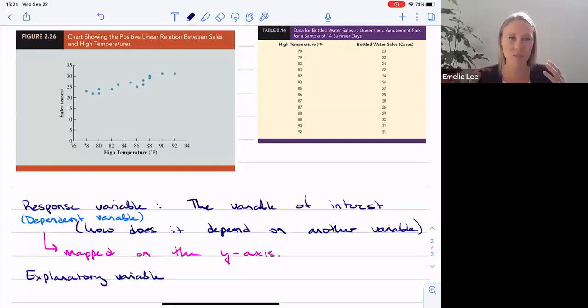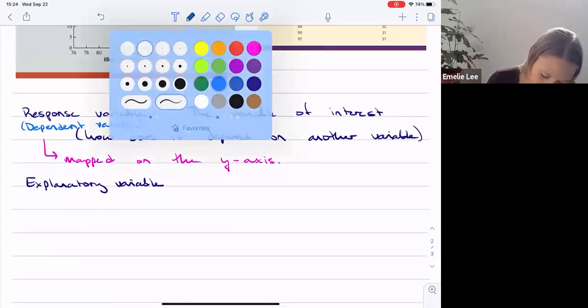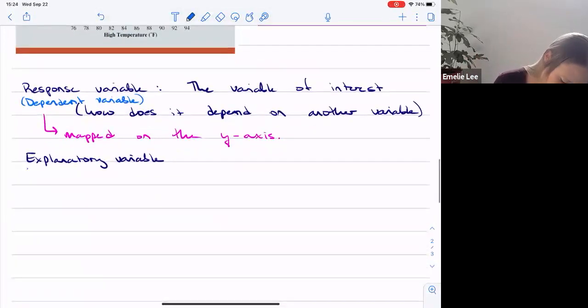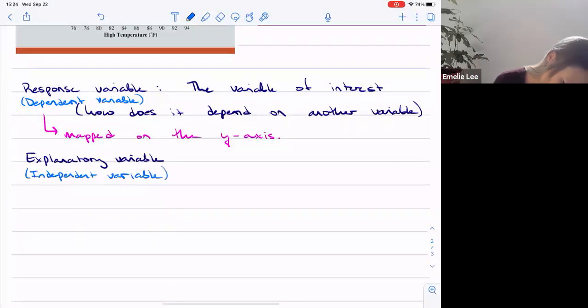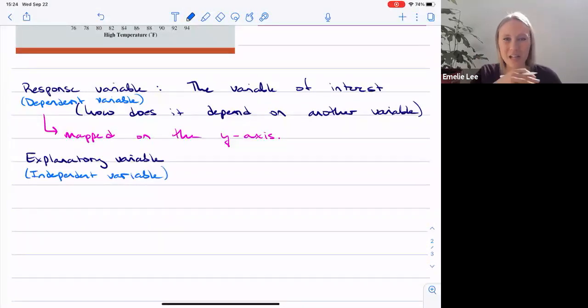We use them interchangeably, and so you need to have a handle on both of them. Unfortunately, the explanatory variable is sometimes called the independent variable, but because that doesn't tell me which axis it goes on, I prefer explanatory.